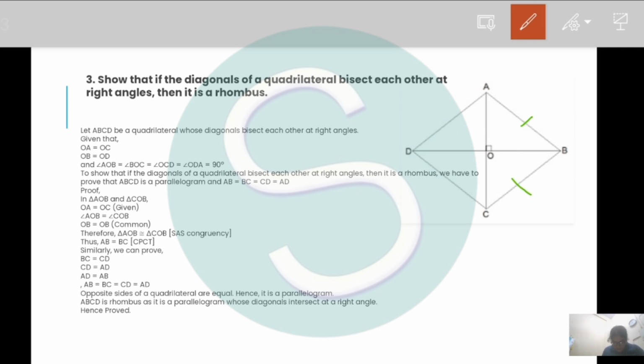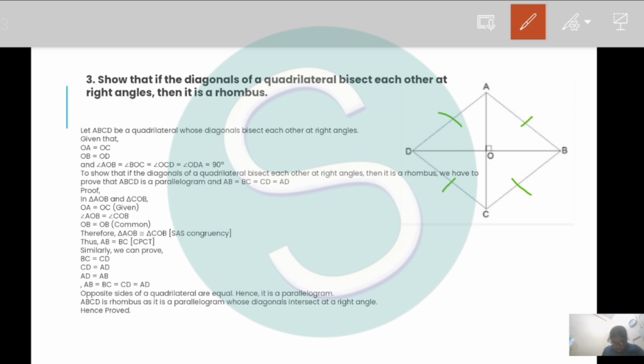Similarly, if I consider these two triangles, that is AOB and AOD, then I can similarly prove that these are also congruent. Then this will give me AB equals to AD. And if I prove AOD is congruent to COD, then this gives me by CPCT AD equals to CD.